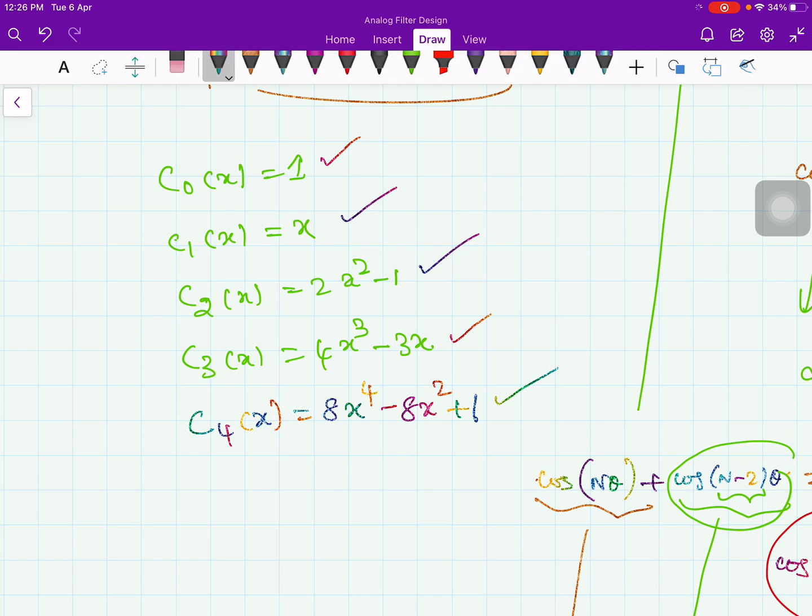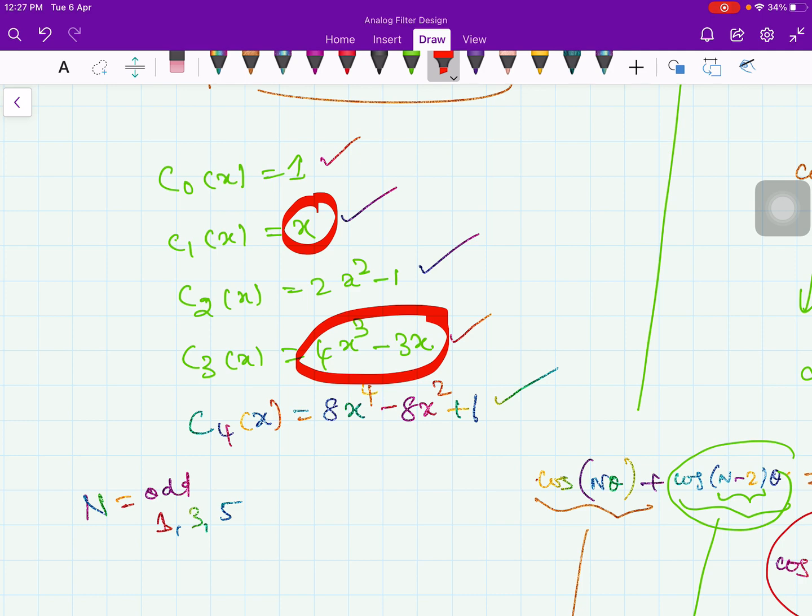Now if the order is odd, that means 1, 3, 5 and so on, then the polynomial itself is odd. C1 of x is x, C3 of x is 4x cubed minus 3x. So these two are odd polynomials.